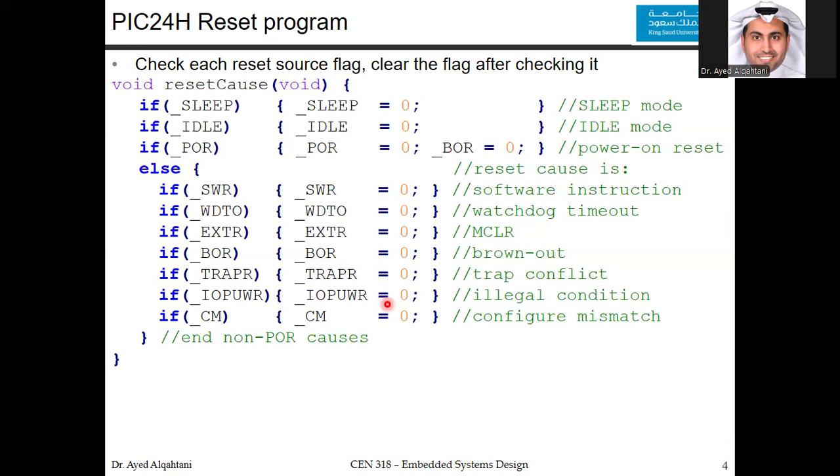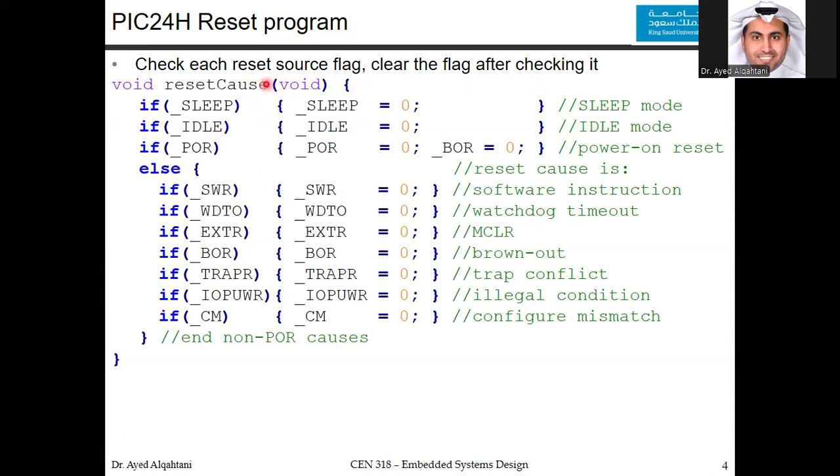So for each reset, you have a flag, and remember the timer's flags: whenever you have a flag, it's your job as a programmer to clear the flag after it is asserted. This function is called reset cause, and it is a simplified version of the function that was written in your book.